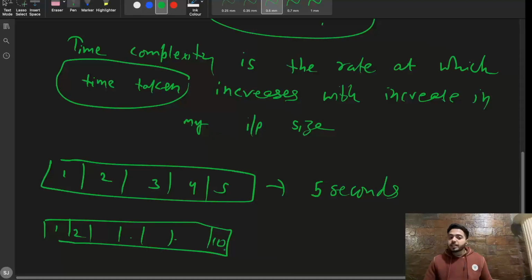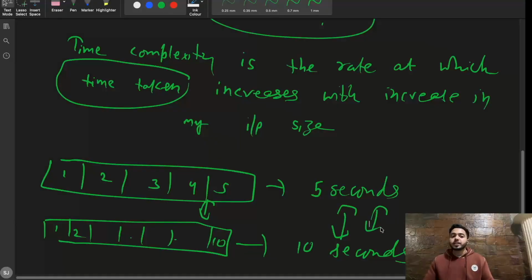Now to print these 10 elements, it takes 10 seconds. So see the rate at which time taken is increasing on the basis of input size. If I have doubled my input size, the time taken has also doubled. So this is my time complexity: कि किस रेट से आपका प्रोग्राम या एल्गोरिदम का टाइम जो लग रहा है रन होने में वो बढ़ जाएगा अगर आपने इनपुट साइज बढ़ा दिया.